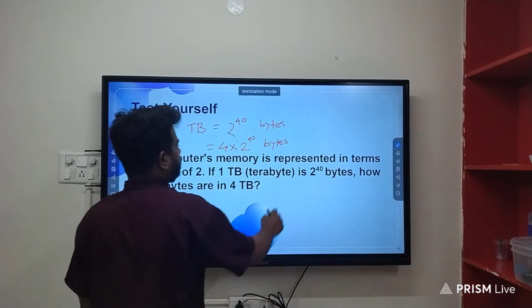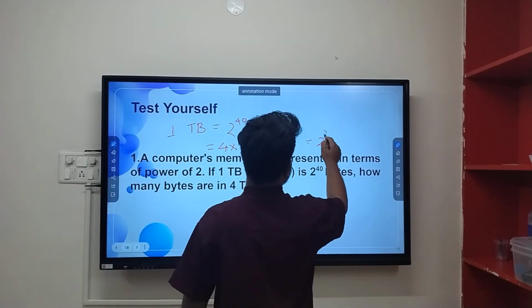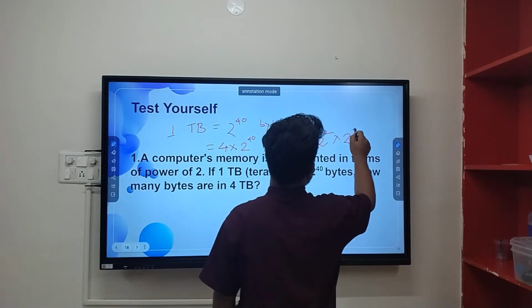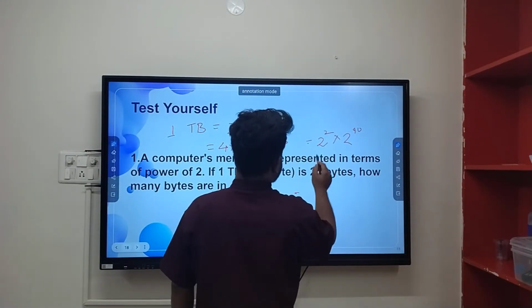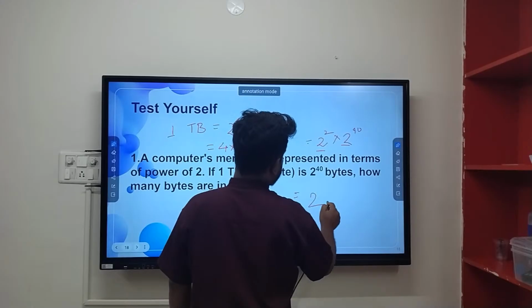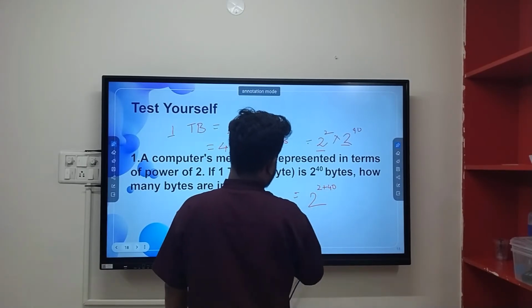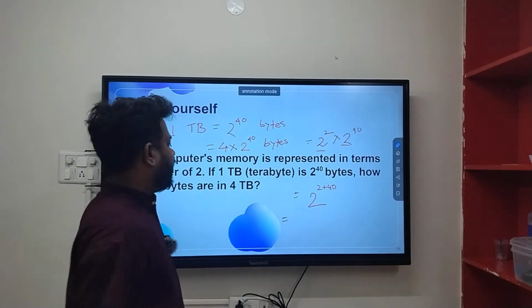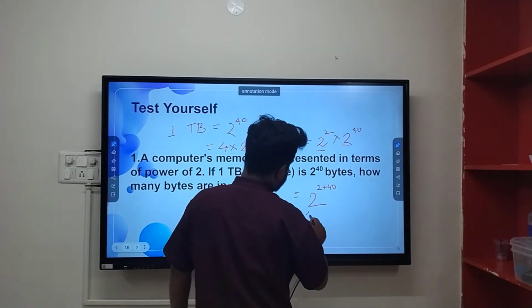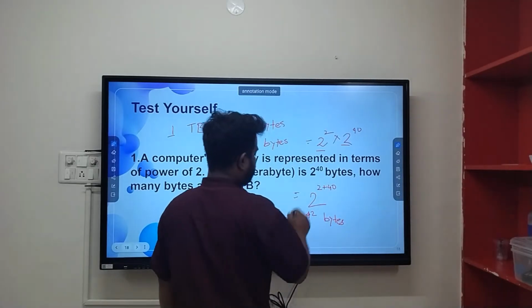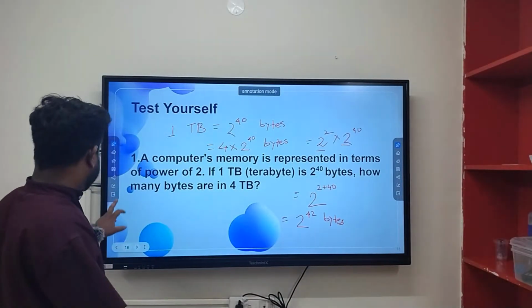We already know that 4 can be written as 2 to the power 2, and we already have 2 to the power 40. Since the bases are common, it will be 2 to the power 2 plus 40, and the answer will be 2 to the power 42 bytes. Okay, so this will be the answer.